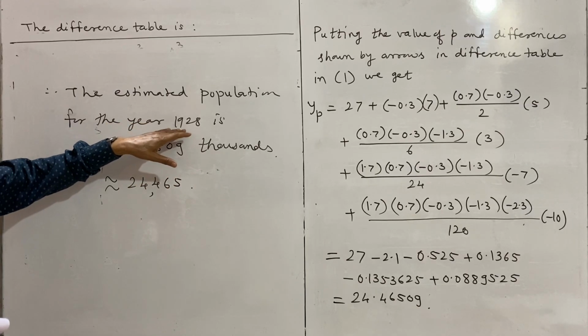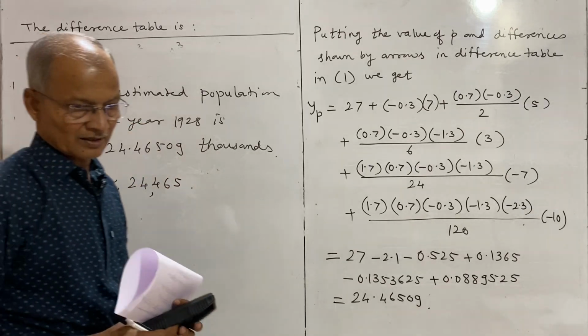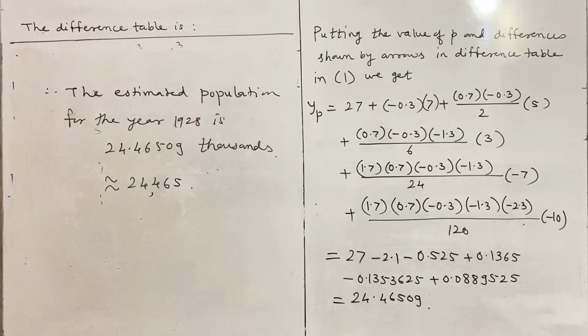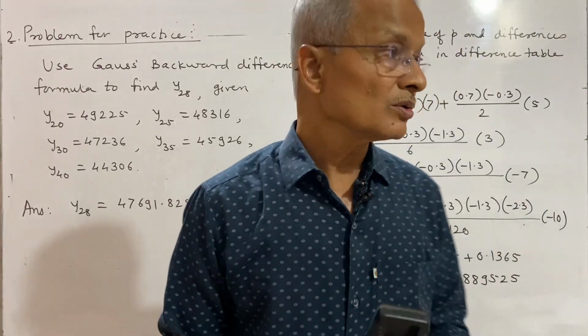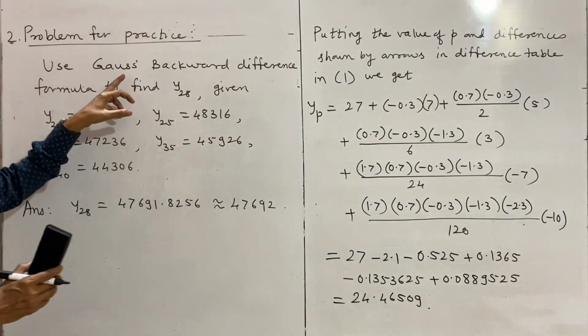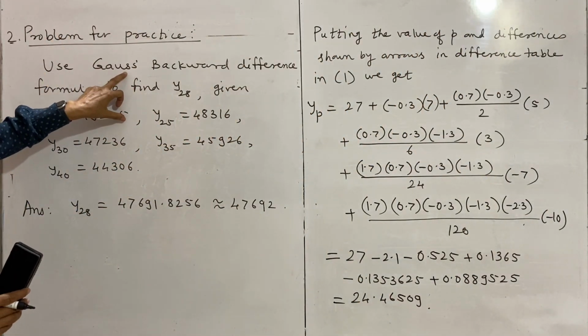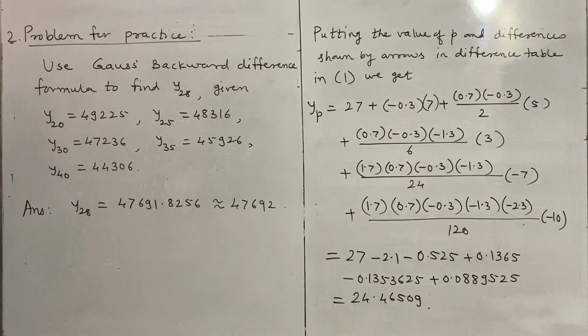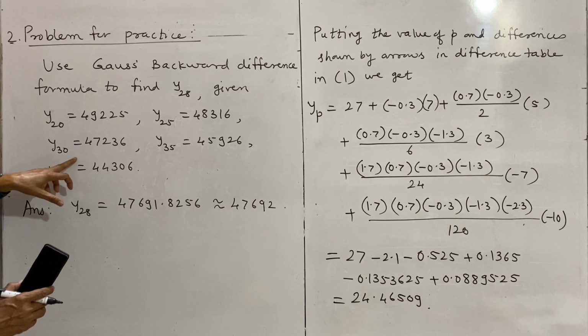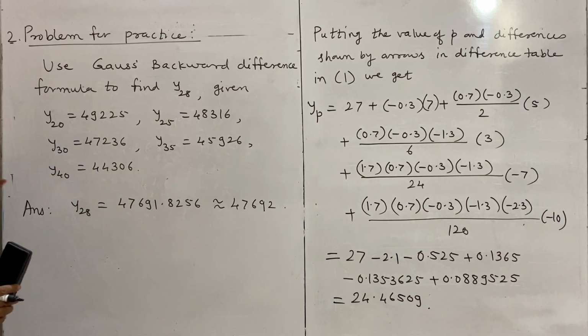Now I shall give you a problem for your practice. I have written this problem for your practice. Use the Gauss backward, not forward, difference formula to find y28 given these values: y at 20, y at 25, y at 30, 35 and 40.